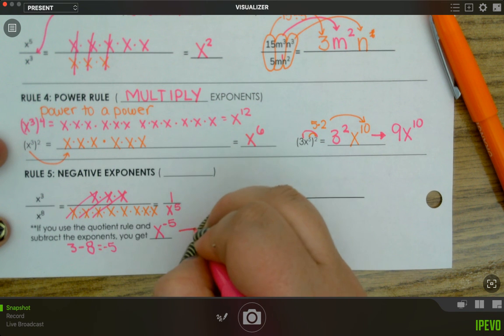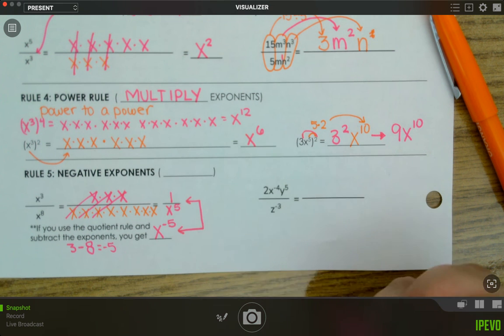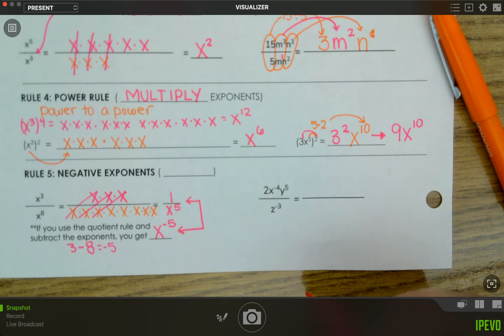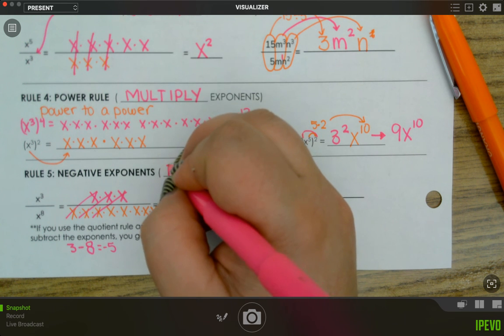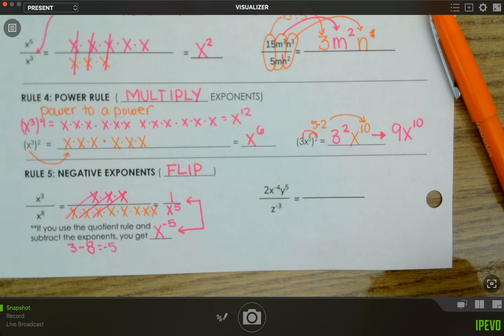So basically what we just found out is x to the negative 5th is the same thing as 1 over x to the 5th. And for this rule, I'm going to go ahead and describe it as flipping. Anytime you have a negative exponent, it needs to move to the other side of the fraction.